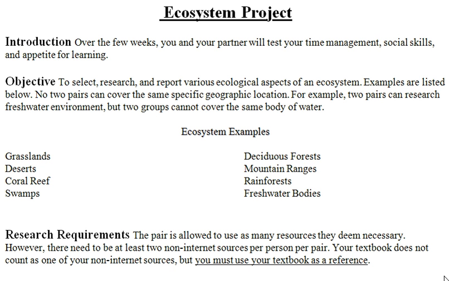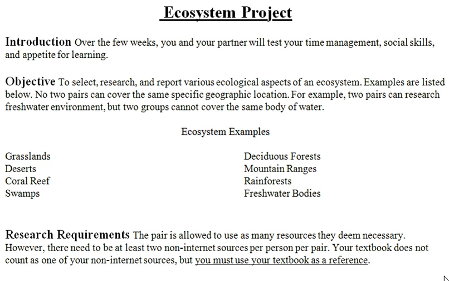If one group does the Stanislaus River, the other group can do any other freshwater environment they want. They just can't do the Stanislaus River. They can do the Great Salt Lake, or Lake Tahoe, anything like that.